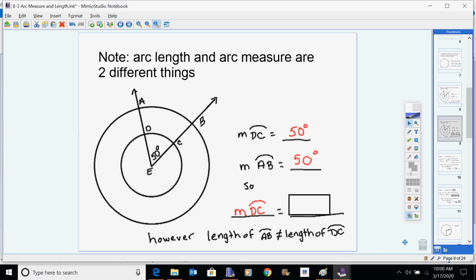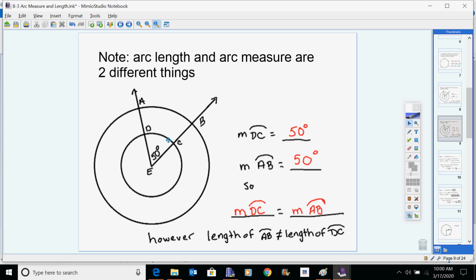So the measures of the arcs are equal, but the lengths of the arcs are very different. You can see very obviously that this one is a smaller piece. If this was a circular track and you walked from here to here, it would be a much shorter distance than if you went around the long way.